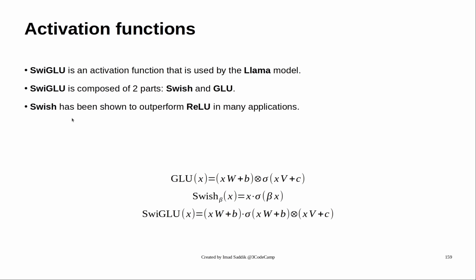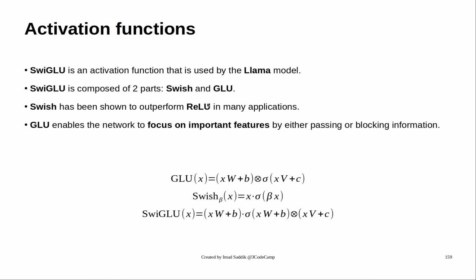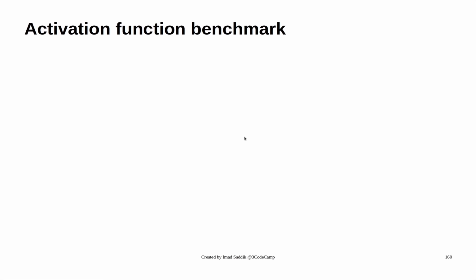Swish has been shown to outperform ReLU in many applications, and GLU allows the network to focus on important features by either passing or blocking information. We have talked a little bit about the activation functions that we are going to use in this video. Now, let's see the benchmarking.